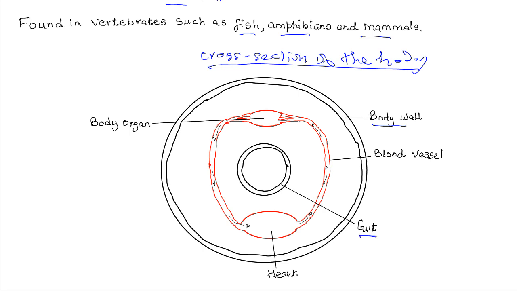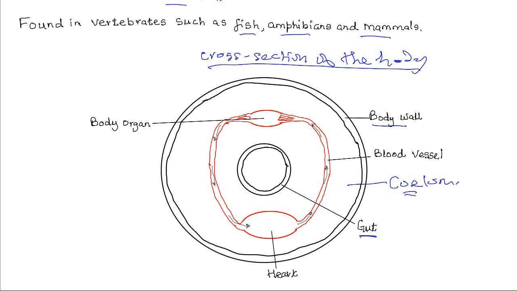Between the body wall and the gut, there are organs. But the blood is not pumped into the body cavity. The body cavity is present, like in all animals, but it is air-filled. It's not fluid-filled. It does not contain any blood. It is air-filled, so it just remains a coelom.